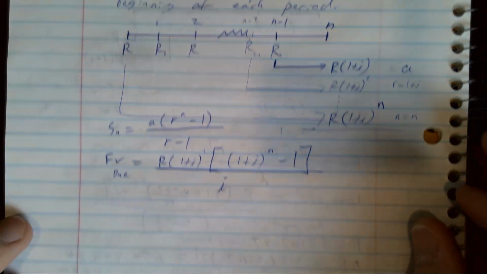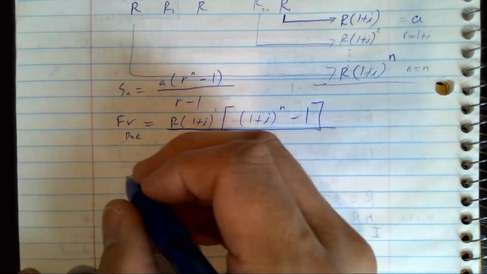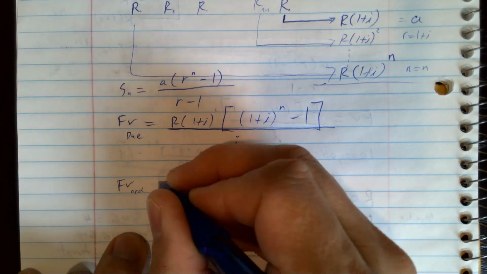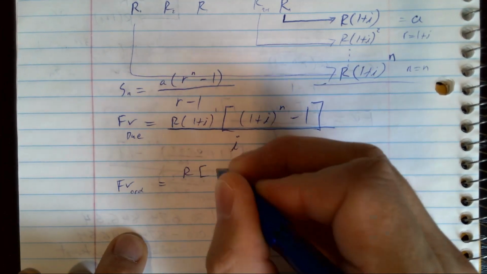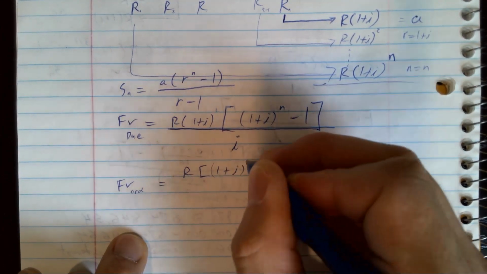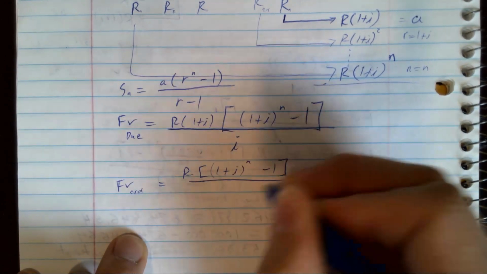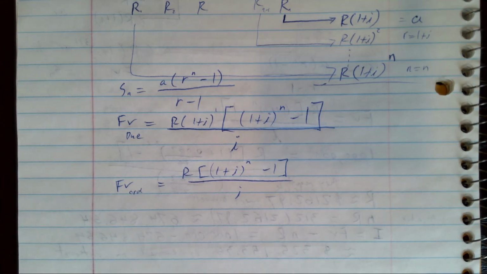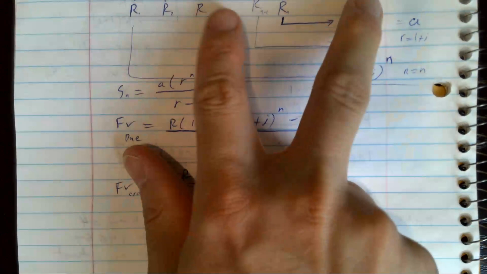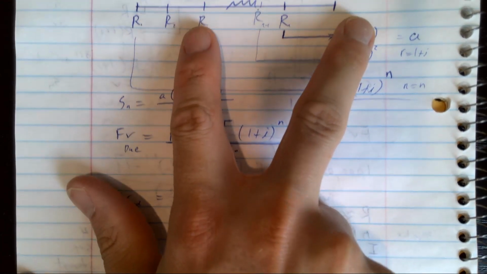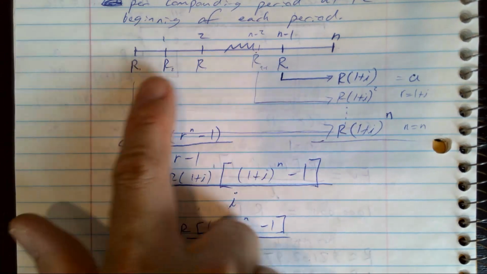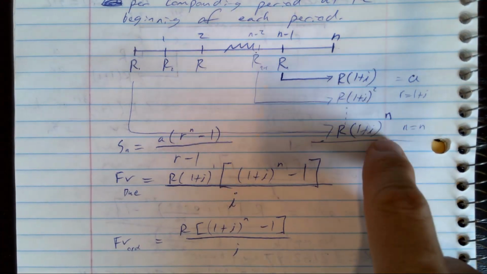Instead of flipping the page back and forth, what I'm going to do is write down the formula that we built for a simple ordinary annuity. It was R times 1 plus I to the exponent N minus 1 all over I. I would imagine, I don't have to imagine, it's very difficult to try to memorize all of these. But this really should make sense because in an annuity due, I'm not making one more payment. I'm shifting my payments so that every single payment has one more chance to grow.